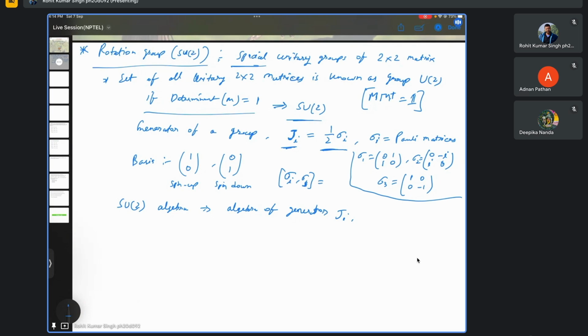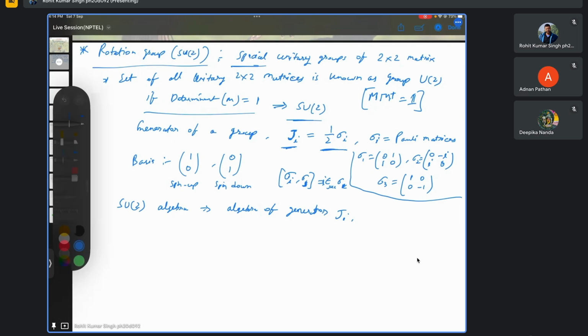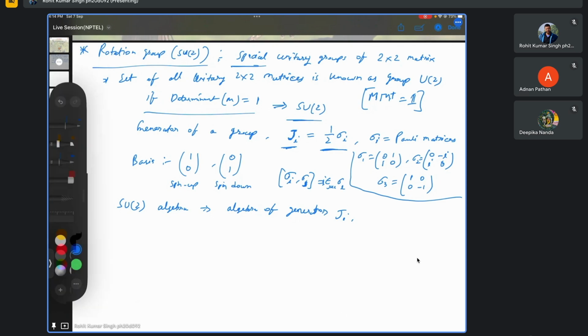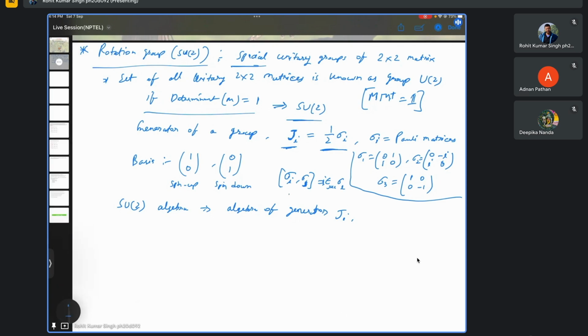Sigma_i and sigma_j commute like this. For example, sigma 1 sigma 2 is equal to i sigma 3.